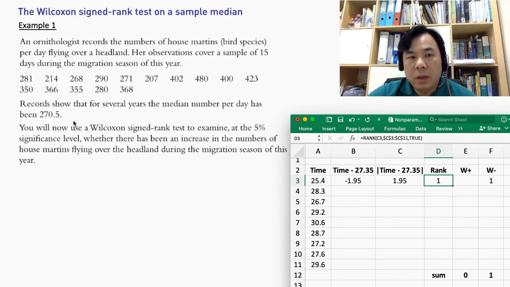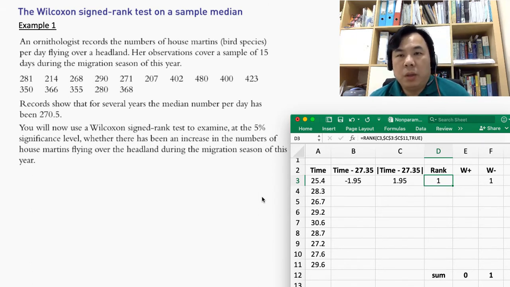So instead of using the sign test this time, we're going to use the Wilcoxon signed rank test to examine, at a 5% significance level, whether there has been an increase in the number of house martins flying over the headland during the migration season of this year. Now, in the previous example, we have already tested this, and we found that yes, there has been an increase. Right? Now, by using Wilcoxon, let's see whether we are able to obtain the same conclusion or not.